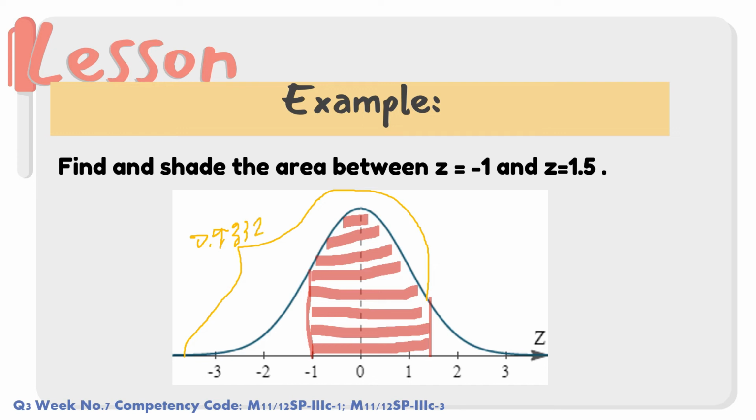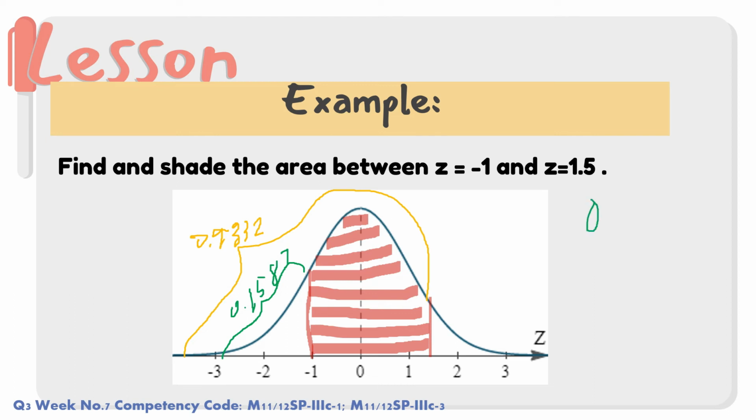Then look for the area to the left of -1. Okay, to the left of -1, you're going to look at the negative z value. And the area is 0.1587.